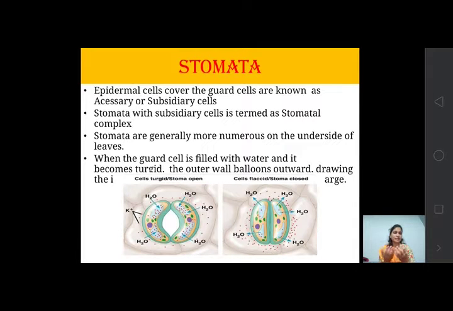When the guard cells absorb water from the surrounding subsidiary cells, the turgidity of the guard cells increases, meaning the water level increases and the cells become turgid. As the water level increases, they become enlarged in size.